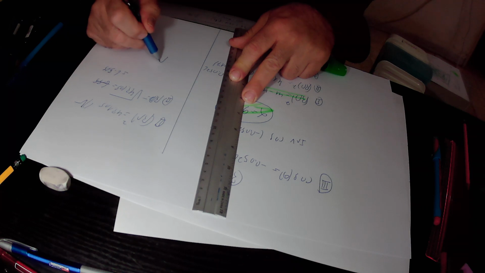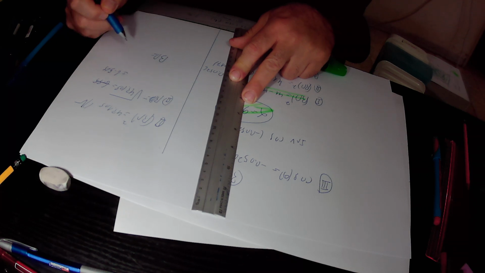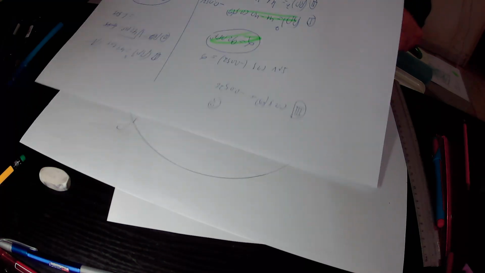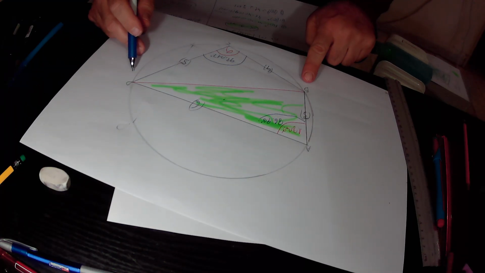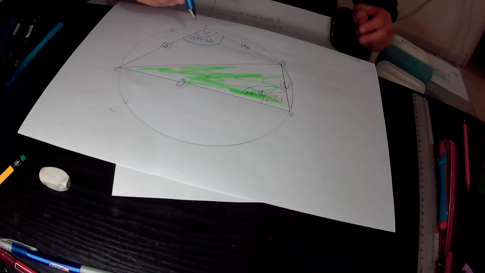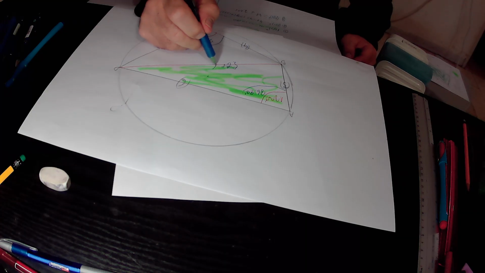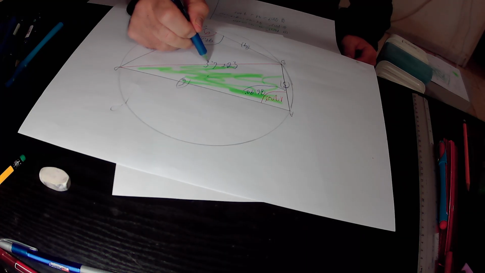And again, if you want to know, BD equals 6.565 units in its length.